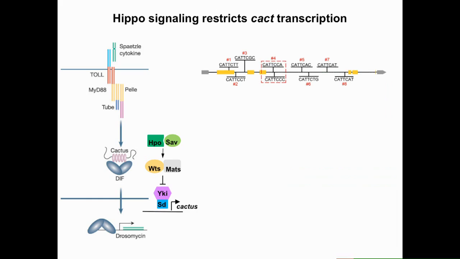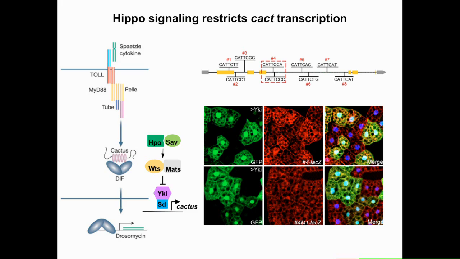Cactus. And so he went on to identify the specific element within the Cactus locus and regulatory region that's responsible for this transcriptional regulation, which I won't get into in detail. But what is striking is that he was able to identify a single site that is responsible for this regulation.